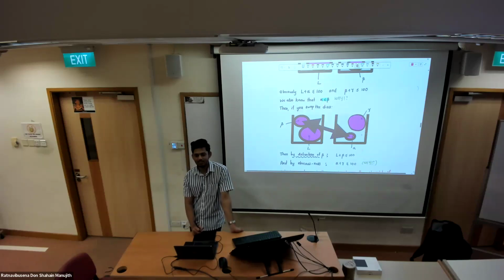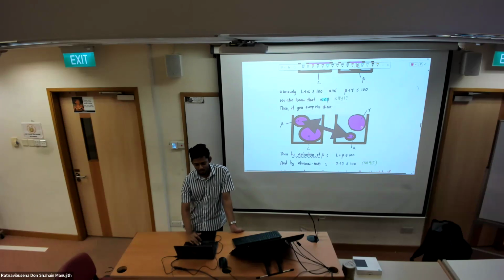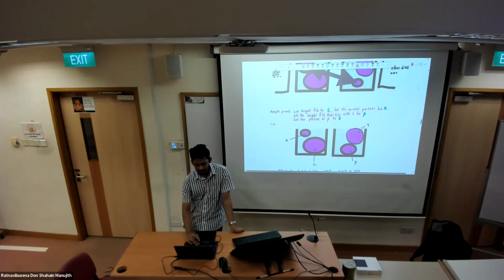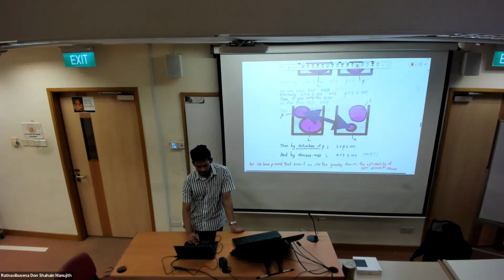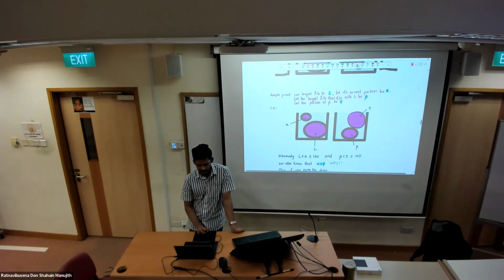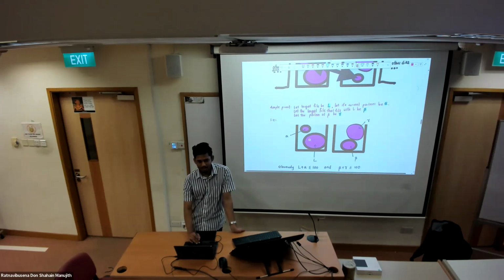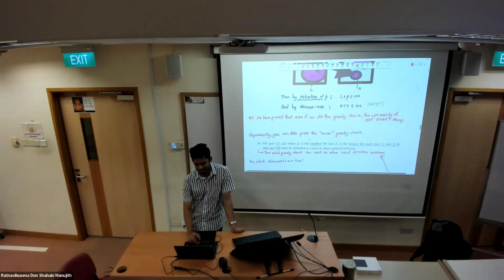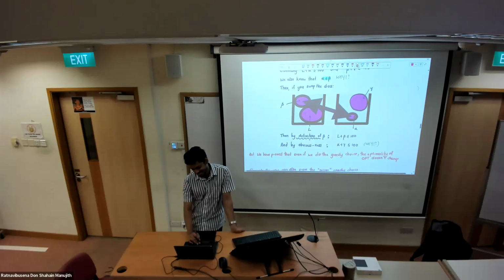Alpha plus gamma is at most 100. Wasn't it assumed in the original scenario? So previously what I said was what? The original scenario was like this. Here we had alpha with L. Alpha plus gamma. Yeah, because alpha is less than beta, and beta plus gamma is less than 100.